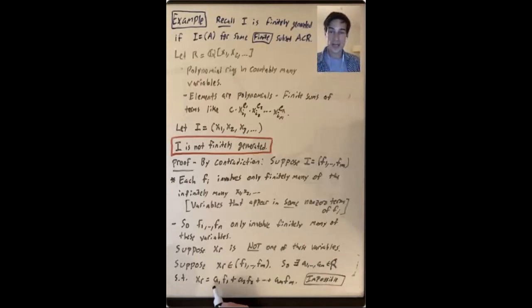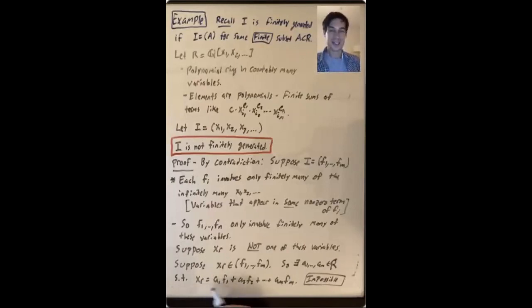So you can zoom in and just look at the x_r coefficient of each of these a1, a2 up through am. And you could see, well, you could pick up an x_r, like if a1 had a term that looked like x_r and f1 had a constant term of 1. But you're still going to run into a problem here.